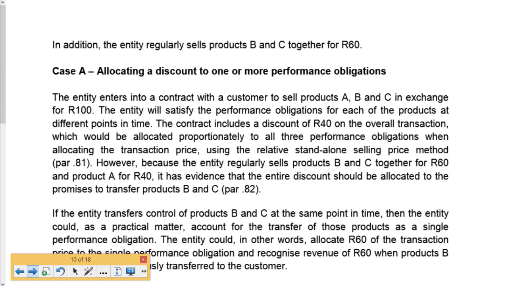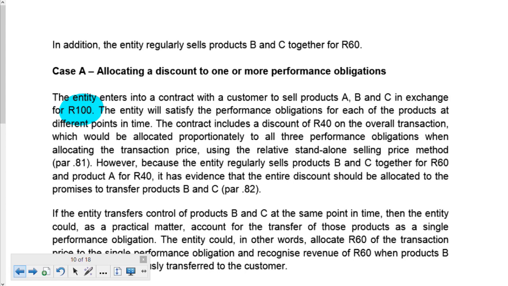So they've given you different scenarios. In scenario 1, case A, the entity enters into a contract to sell A, B, and C for 100 Rand. If we looked at the previous page, we saw that when we sell A, B, and C separately, it's 140 Rand.